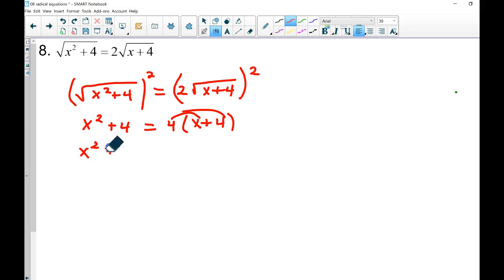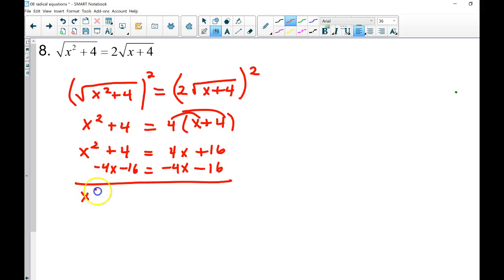I get x squared plus 4 is equal to 4x plus 16. This is a quadratic equation again, so I'm going to subtract 4x and subtract 16 from both sides of the equation. I get x squared minus 4x minus 12 is equal to 0.